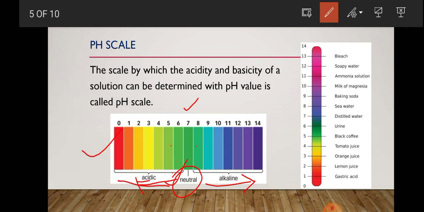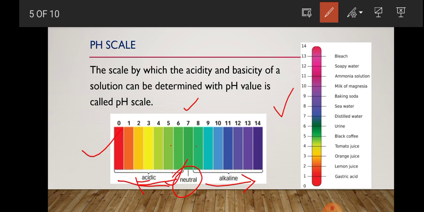And on the other hand, if the pH value of an acid is 3 to 1, they are strong acids.